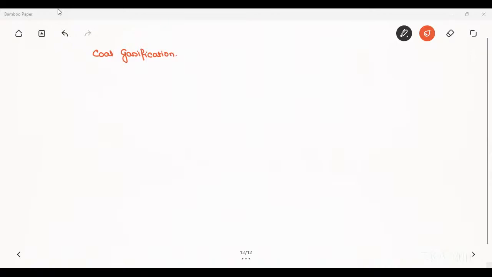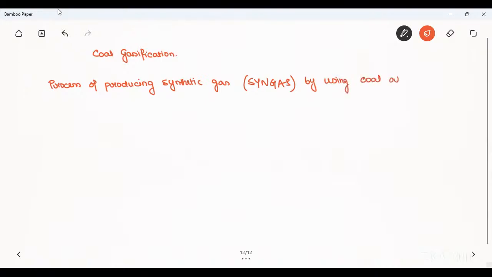Coal gasification is the process of producing synthetic gas, also called syngas, by using coal at 1270 Kelvin.